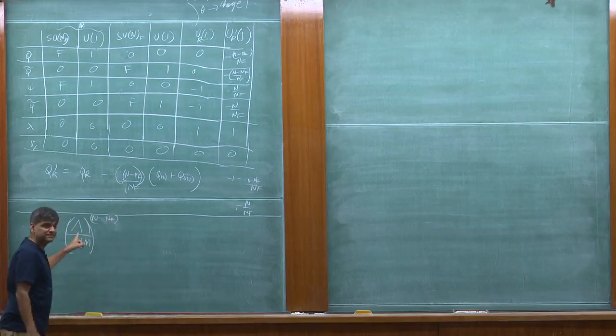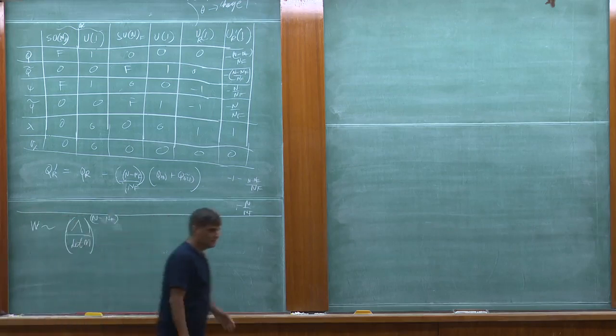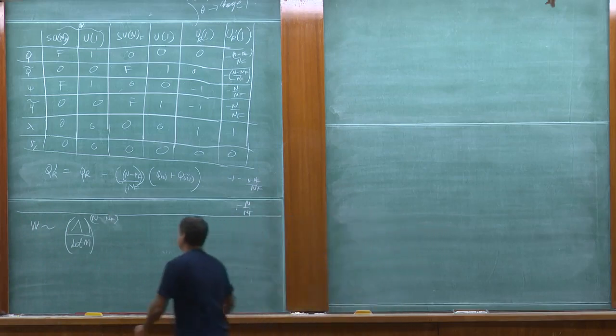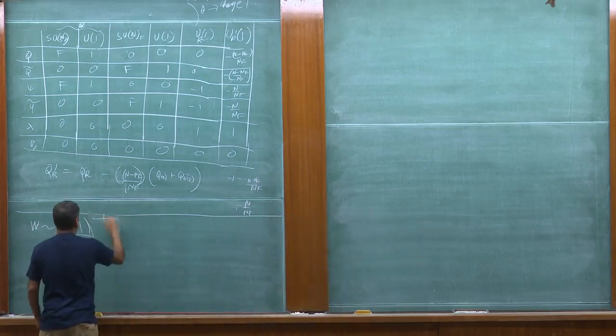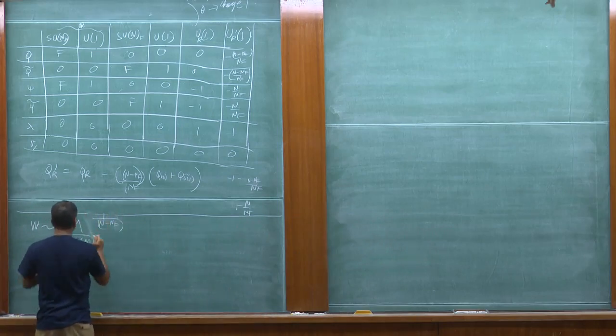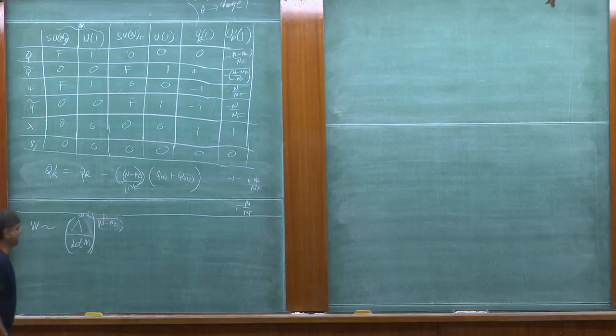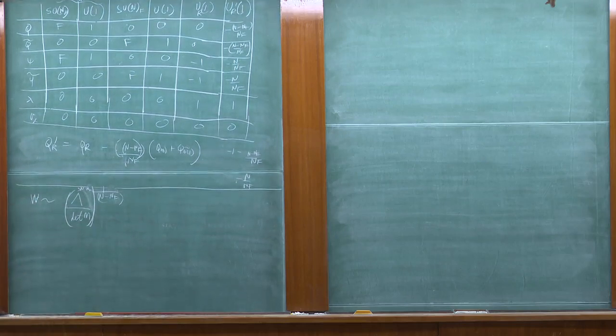Is this correct? Yes, 1 over n minus nf. And lambda to the power 3n minus nf. Exactly, thank you. 3n minus nf.